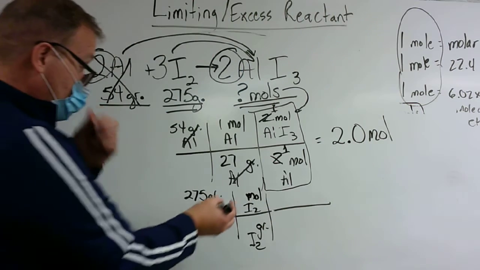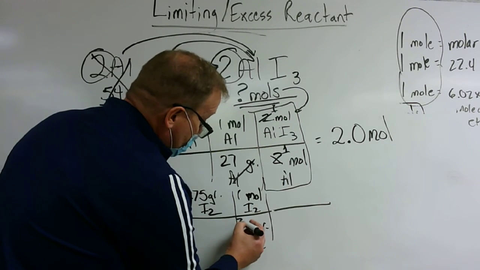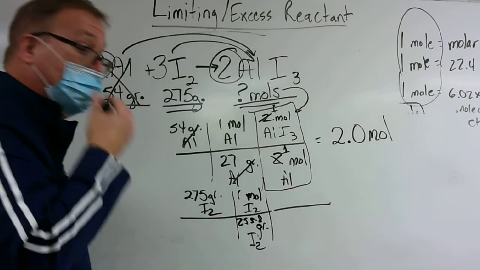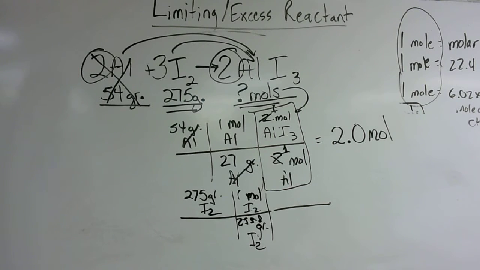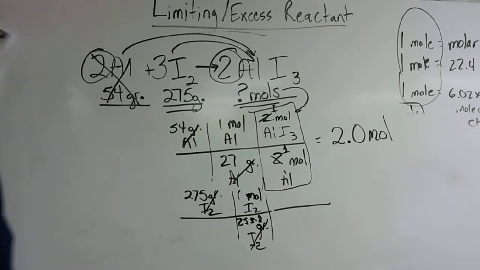The mole. I have to do a mass for I2. I think it's 126.9, so that's 253.8 grams of I2. So I will cancel this one out as far as unit.